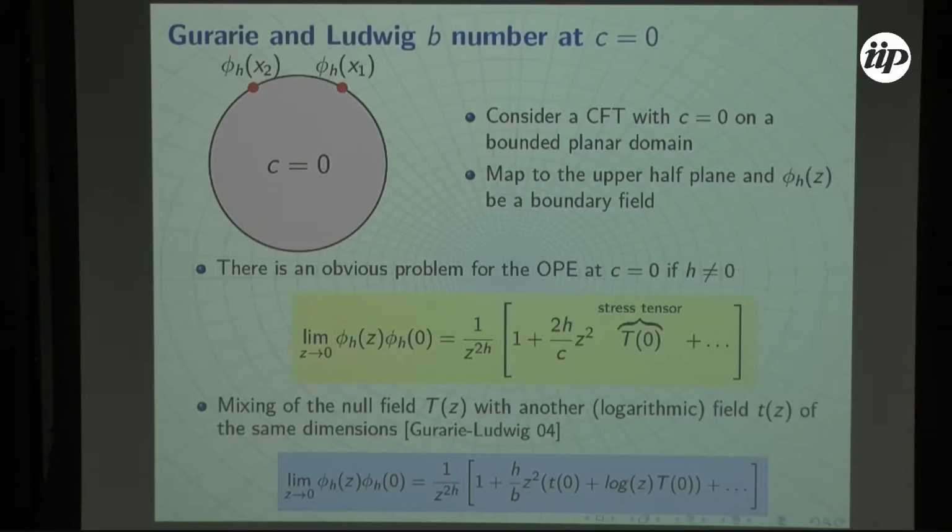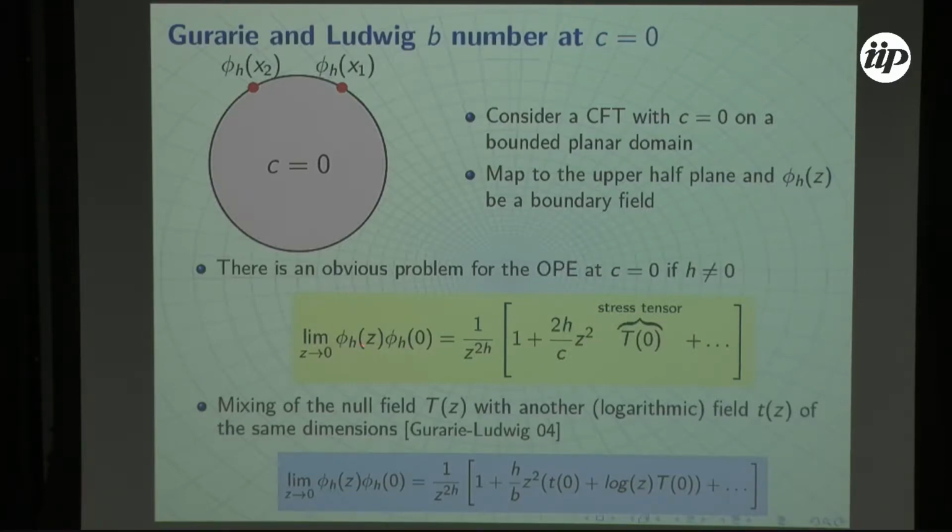So they call this phenomenon the c equals 0 catastrophe. Which in turn implies that the 4-point function of operators at the boundary cannot just have the usual power law singularities when you do the OPE.